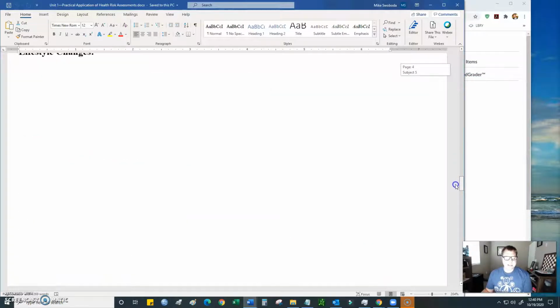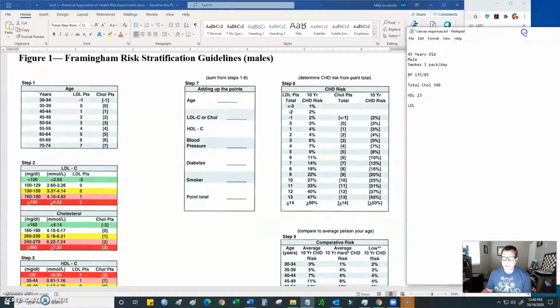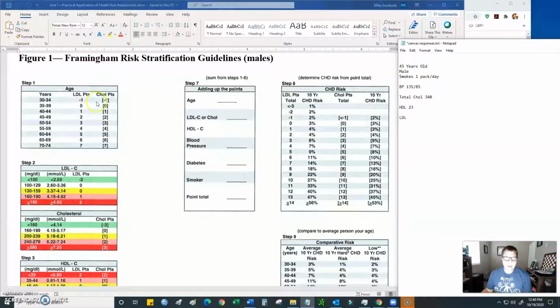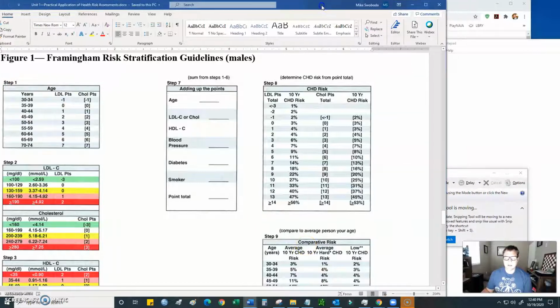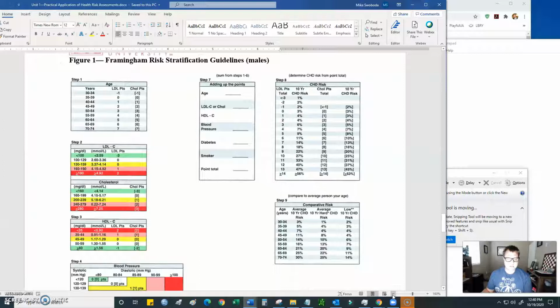So if I go back down to figure 1, and I look at all the information I have here, he is 45 years old, so that is right there. I'm just going to make a quick snippet here so that I can write on this a little easier.